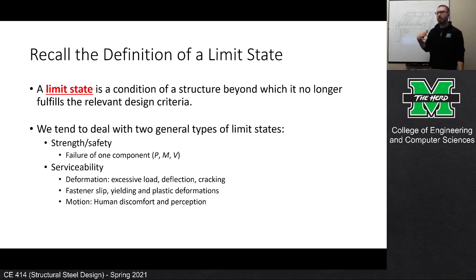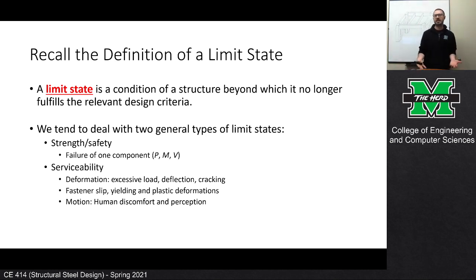All right, so remember that we talked about the concept of a limit state. So this is that condition that we define such that if the loads exceed that condition, it no longer fulfills the design criteria that we're interested in. And we tend to deal with 2 different types of limit states: strength limit states and service limit states. In tension members, we will look at both.